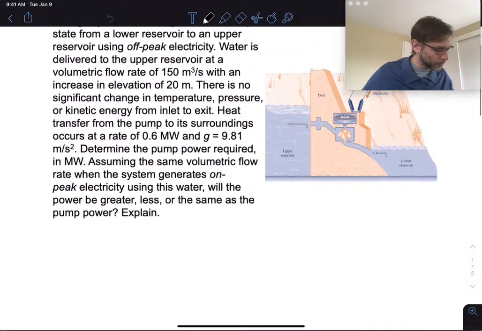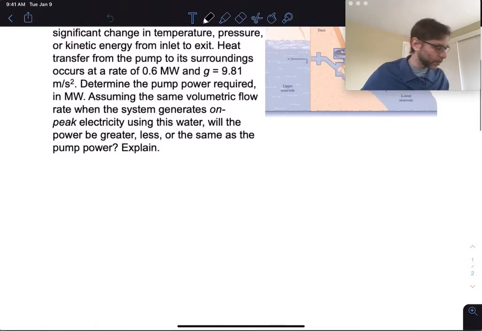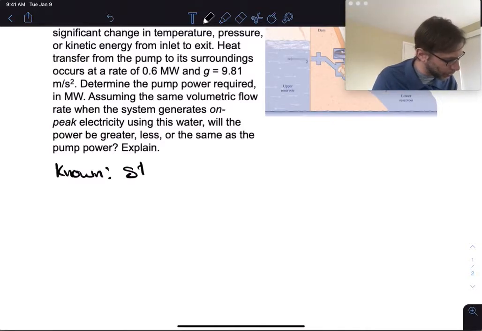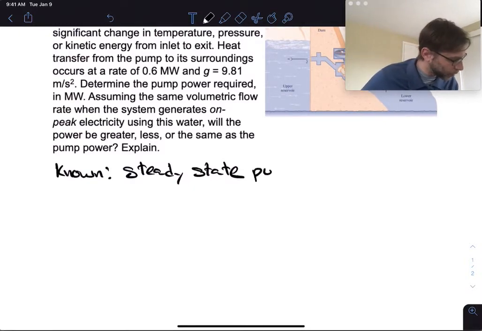I already read this, so I'm not going to go through it again. Let's go through what we have to find. So we'll say known: restate essentially what we need to do in the problem. We have a steady state pumped hydro system.